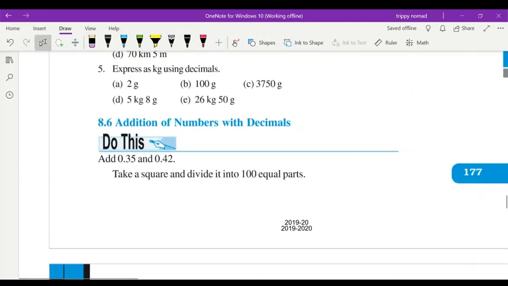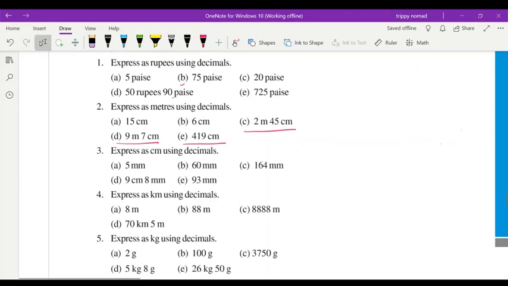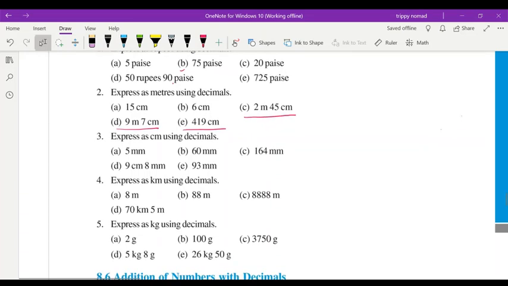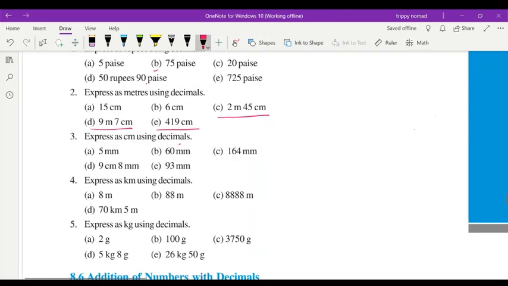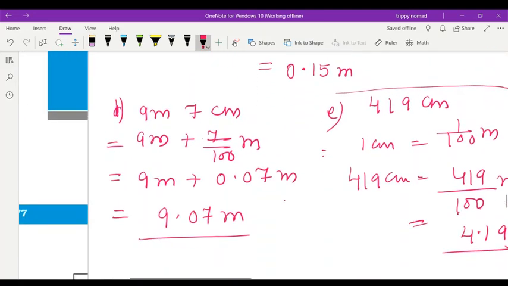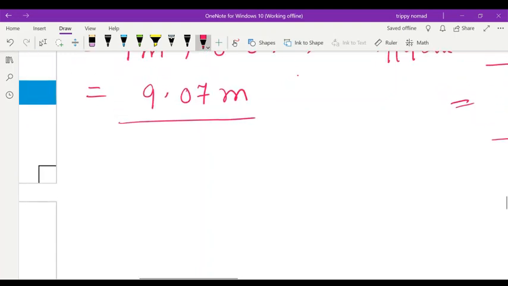So let us start. Question number 3. Express as centimeter using decimal. 5 millimeter. The third important point: 1 centimeter is equal to 10 millimeter.